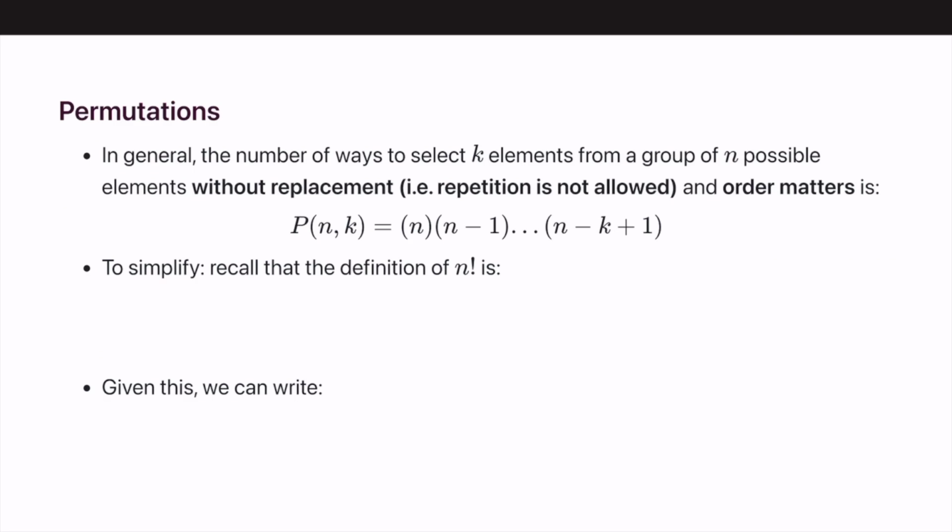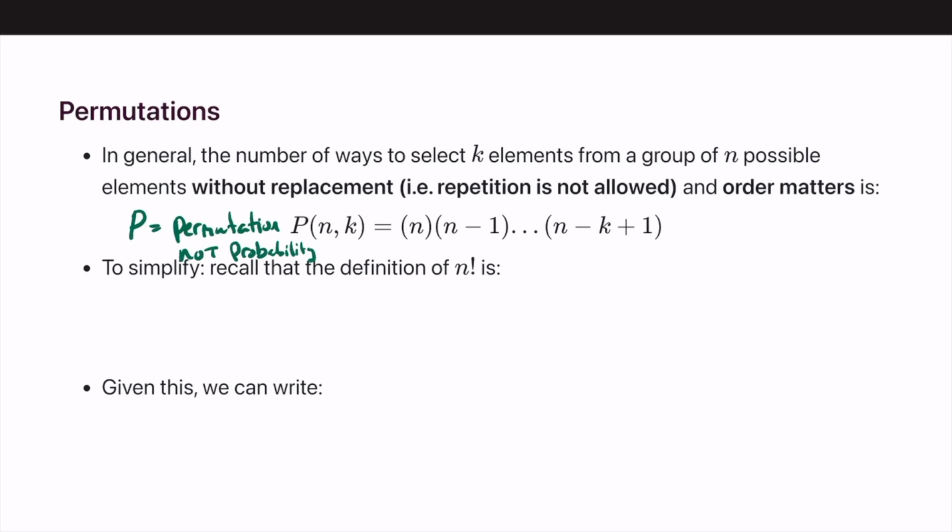So here P equals a permutation, not probability. So that's the first thing to get. Okay, so we have the permutation of n, k, and that equals n times n minus 1 all the way until n minus k plus 1.